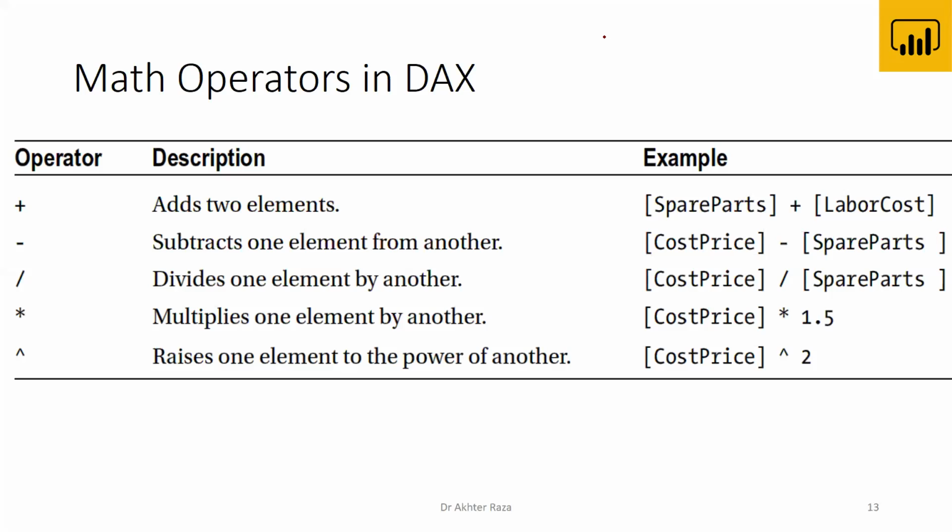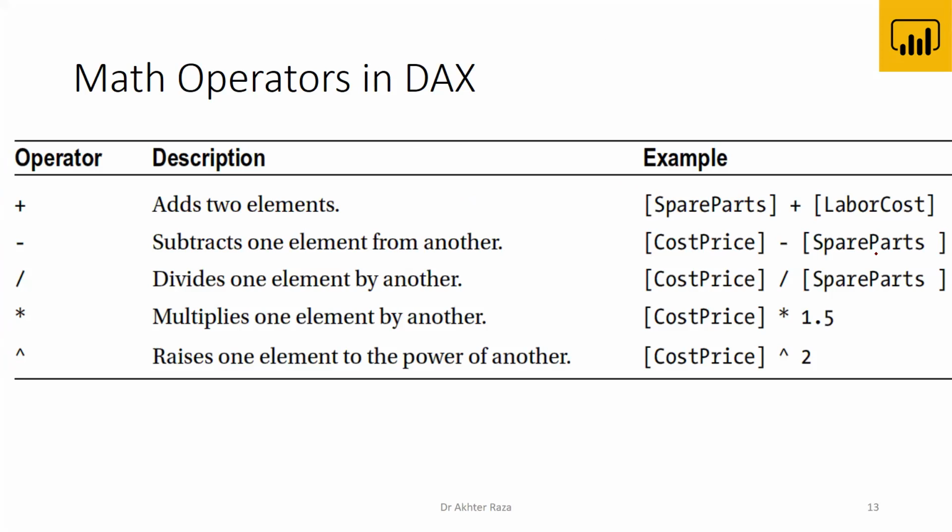Calculations can also be done using DAX functions and DAX operators. The math operators are plus, minus, slash for division, multiplication, and this is power. Suppose I want to calculate the spare part plus labor cost. The two columns are added and a new column is created with the sum of the values of these two.